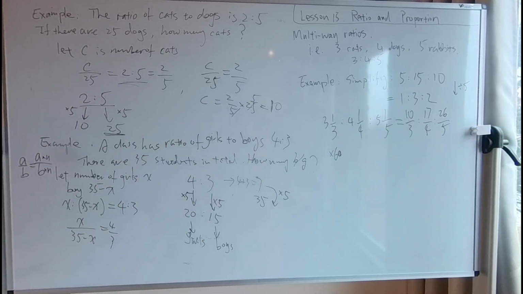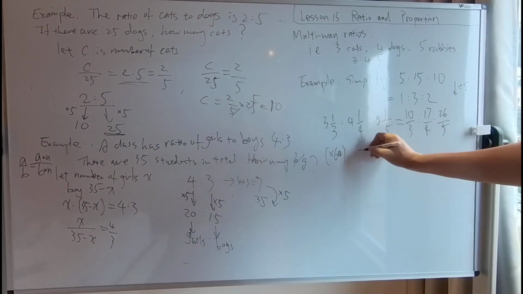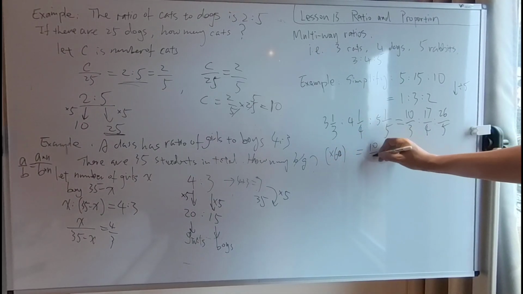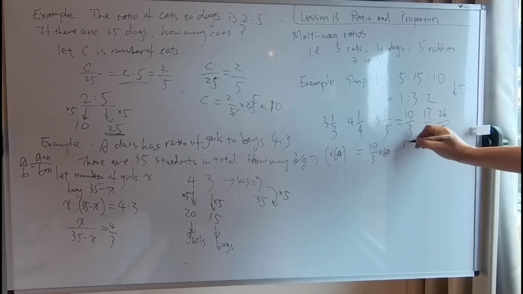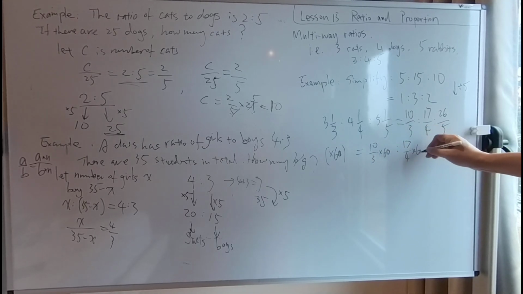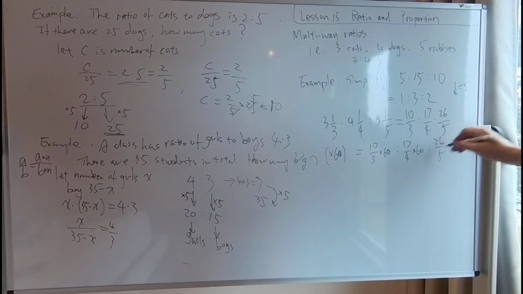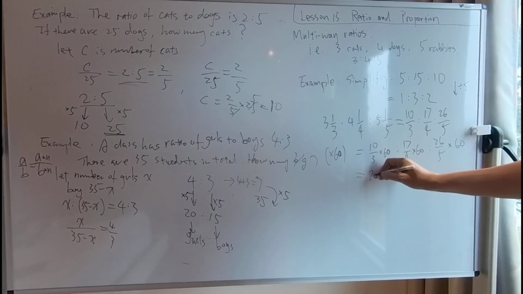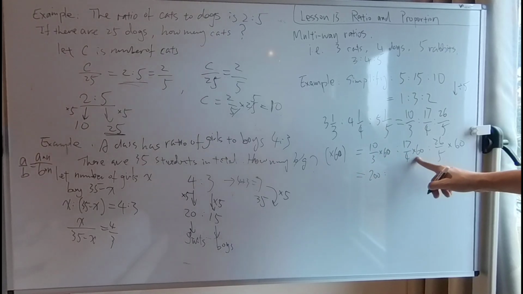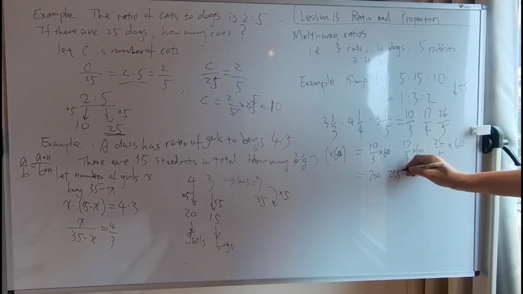So that means I can multiply 60 on each quantity of the ratio. So this will be 10 over 3 times 60 versus 17 over 4 times 60 versus 26 over 5 times 60. And then this gives 200 versus 15 times 17, that is 255.